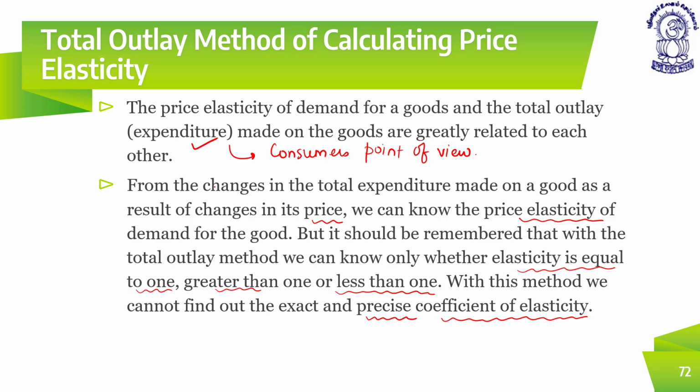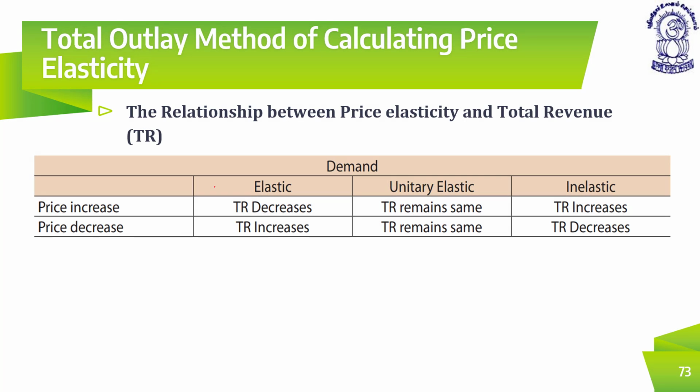Okay, so let's move ahead. Let's see this total outlay method of calculating the price elasticity. If the price decreases and the total revenue increases, the demand will be termed as elastic demand.